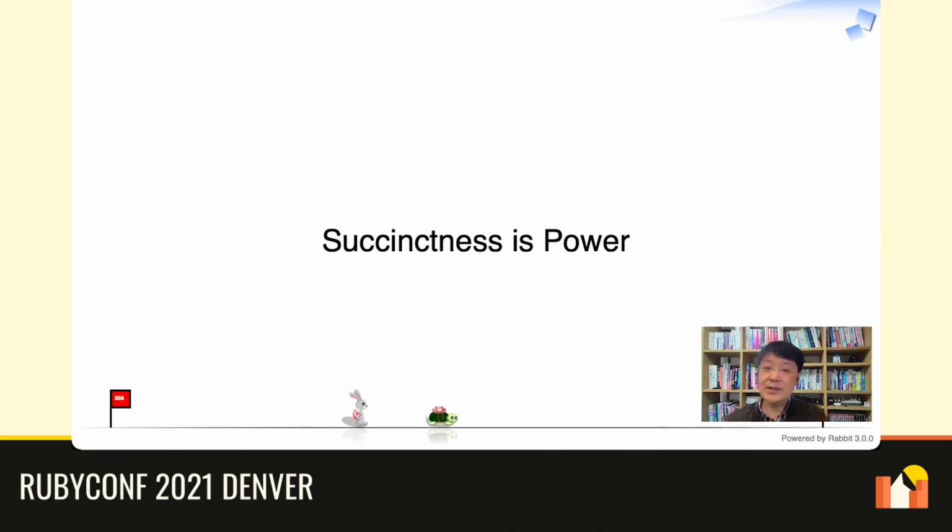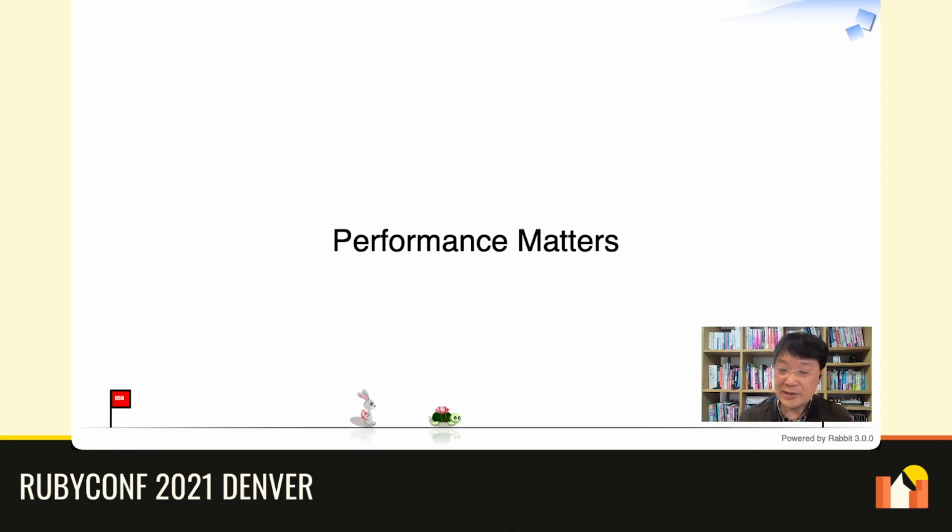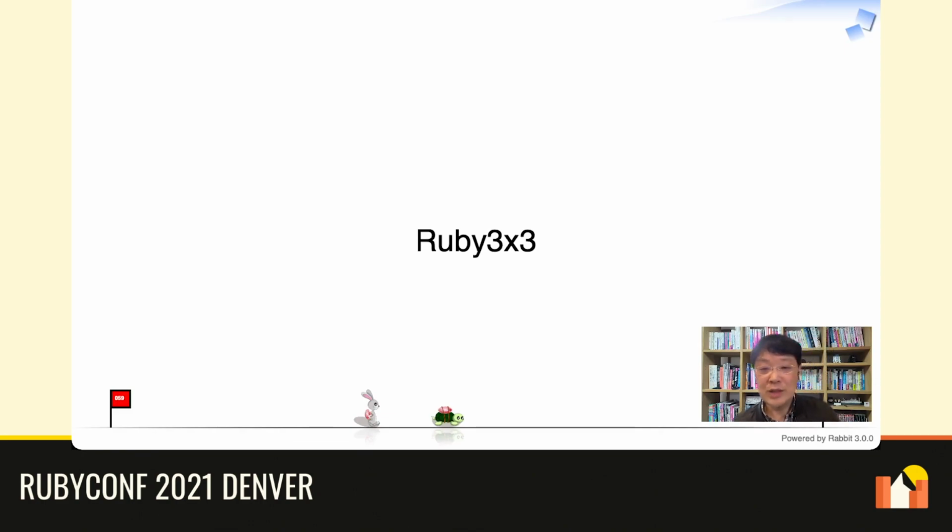The next improvement in Ruby 3.0 is performance. For programming languages, performance matters. That's the reason we had a slogan or goal named Ruby 3x3, which means that Ruby 3.0 should be 3 times faster than Ruby 2.0.